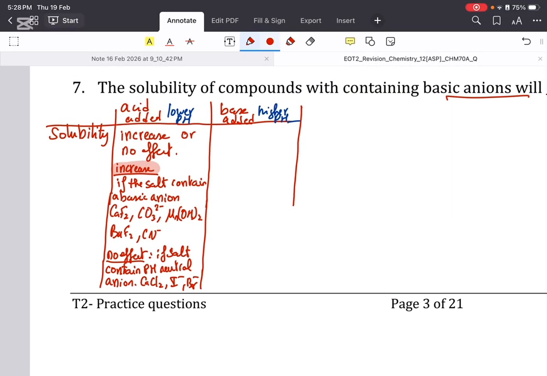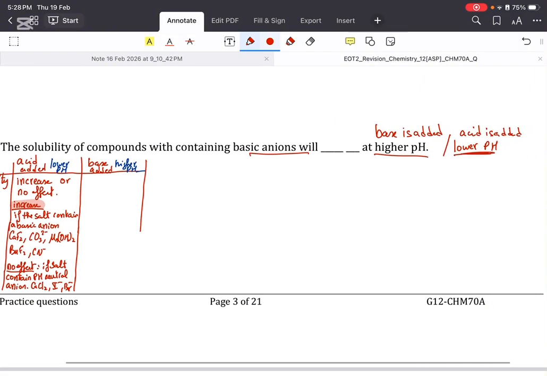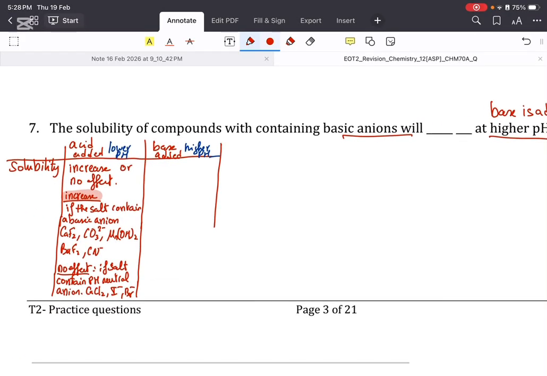So again, if I have a salt and I'm dealing with lower pH, meaning acid is added, you're either gonna say solubility is more if that salt contains a basic anion, or you will simply say it's not gonna change.